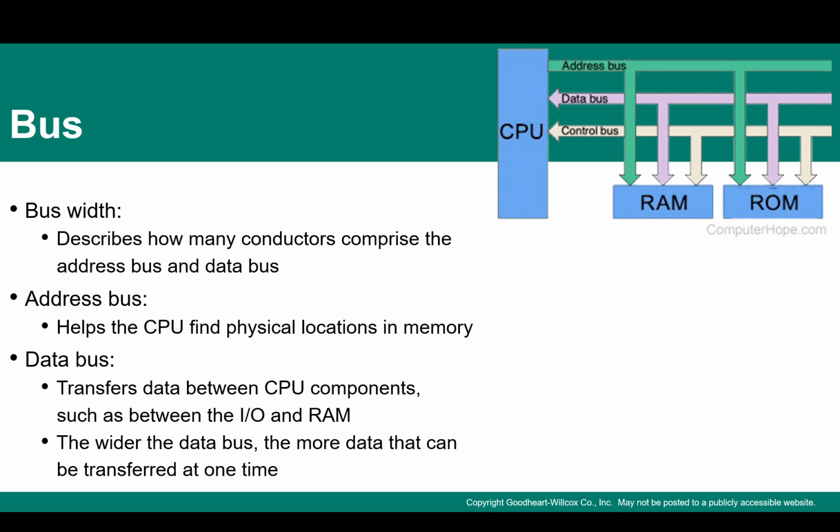We talked about the major components inside the CPU and an MPU. But the CPU has to communicate with external devices like RAM, ROM, and other external peripherals. To do that, it uses a bus architecture. As you can see in this slide, we have the address bus, data bus, and control bus.